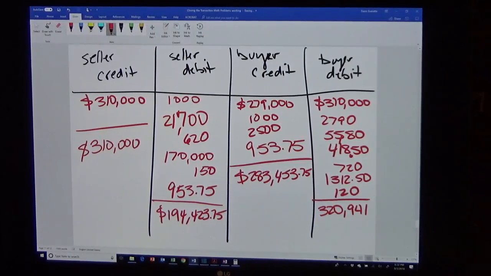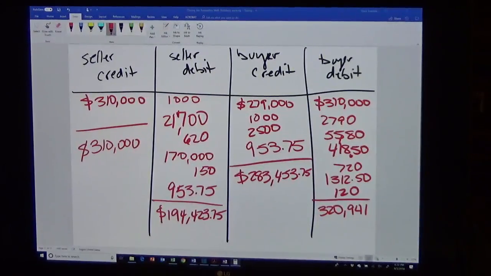I'm going to check that number one more time. $13.12.50 plus 120. $320,941. Alright, came up with the same number.